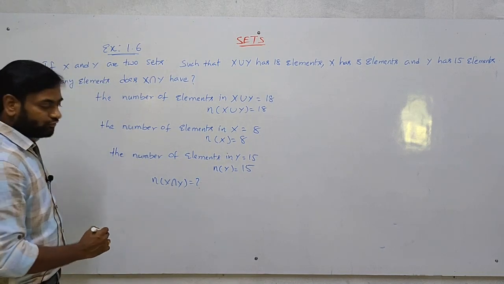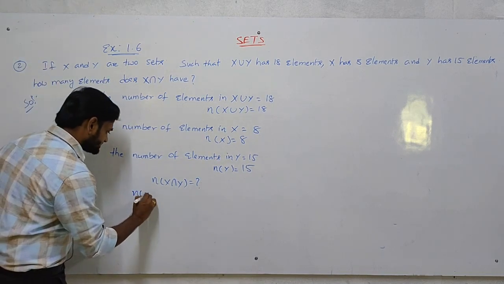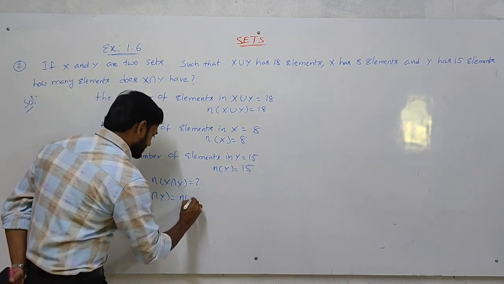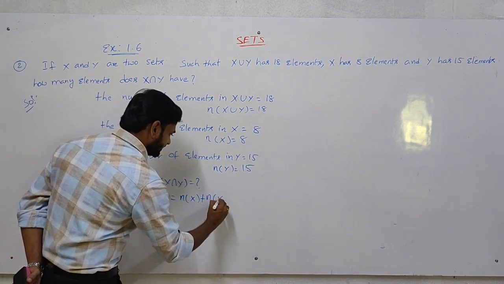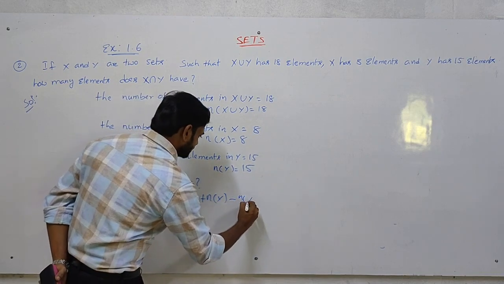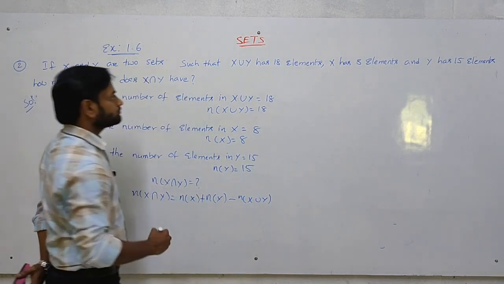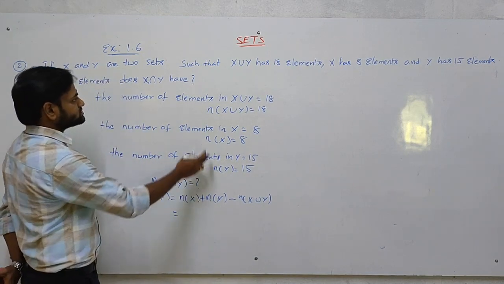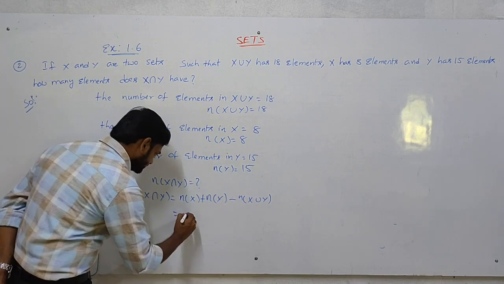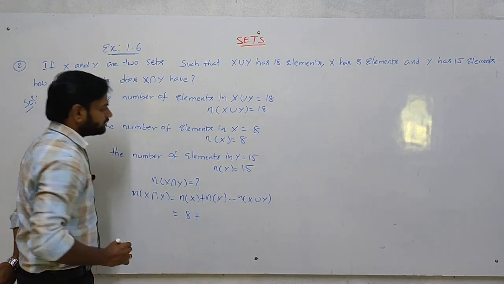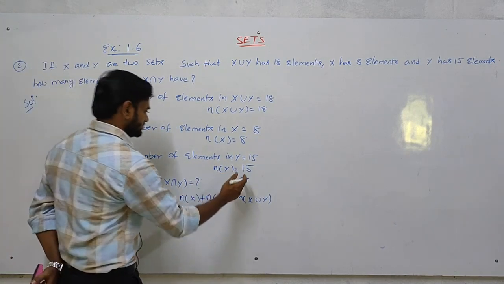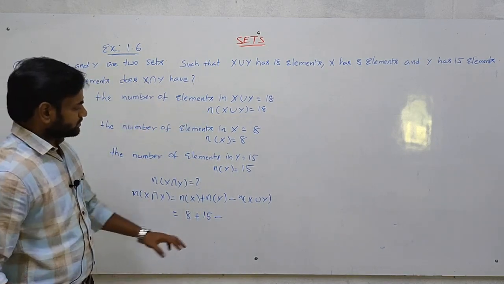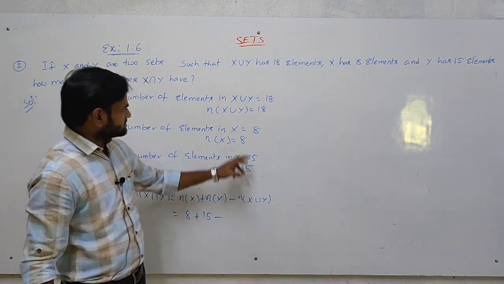So already we have the formula, that is n of x intersection y is equal to n of x plus n of y minus n of x union y. So substitute values in there. n of x value is 8 plus n of y is 15 minus n of x union y is 18.